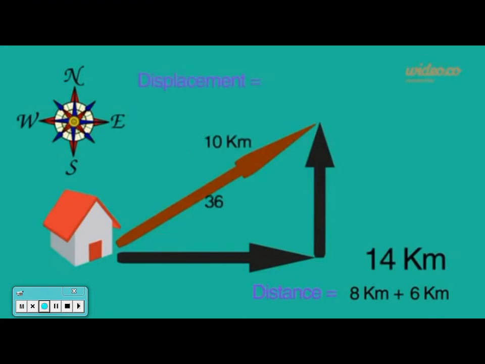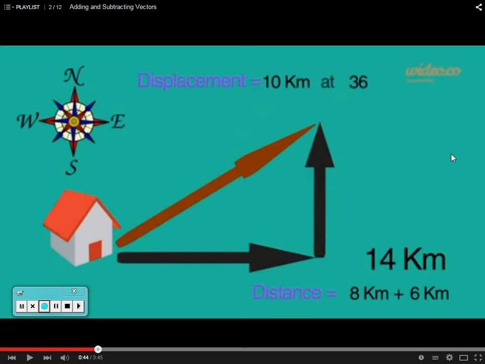But my displacement is not the same as distance. Displacement is defined not as how far I've travelled, but where I am in reference to my starting point. Displacement is how far I have moved all up. Where do I end up? Well, that we know is 10 kilometres.